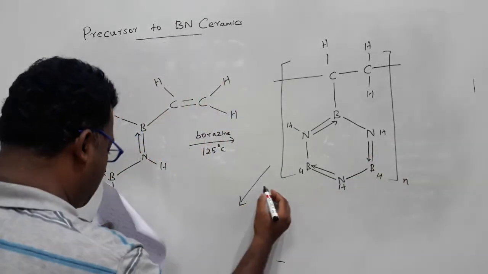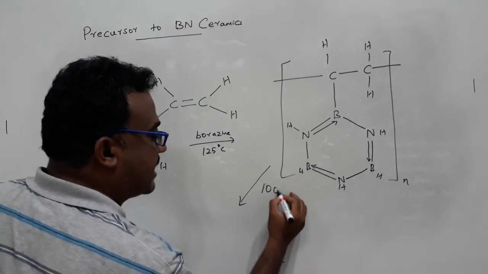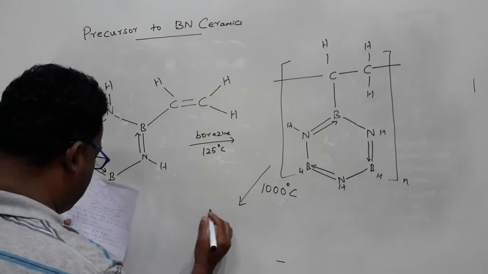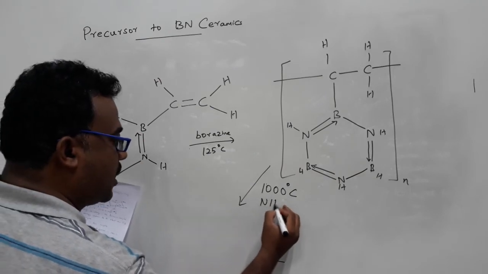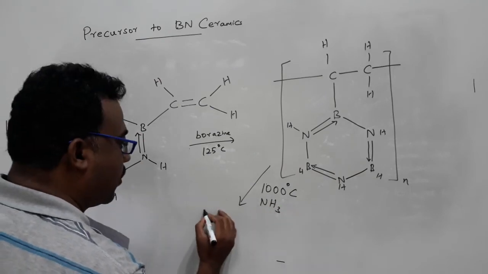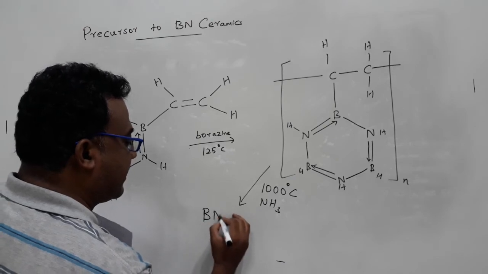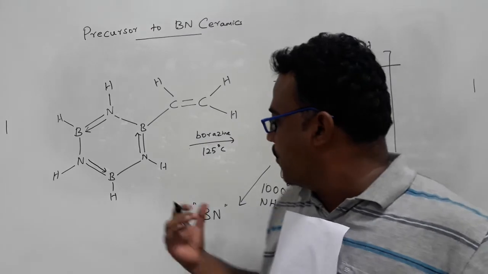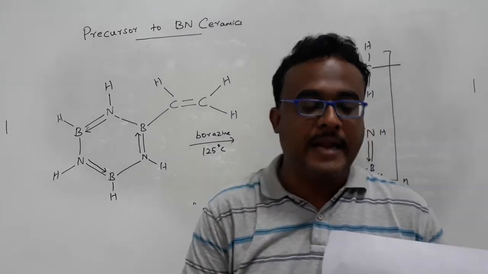Then if you heat this mixture to 1000 degrees Celsius in the presence of ammonia, you can get boron nitride. In the next lecture, I will discuss more about boron nitride.